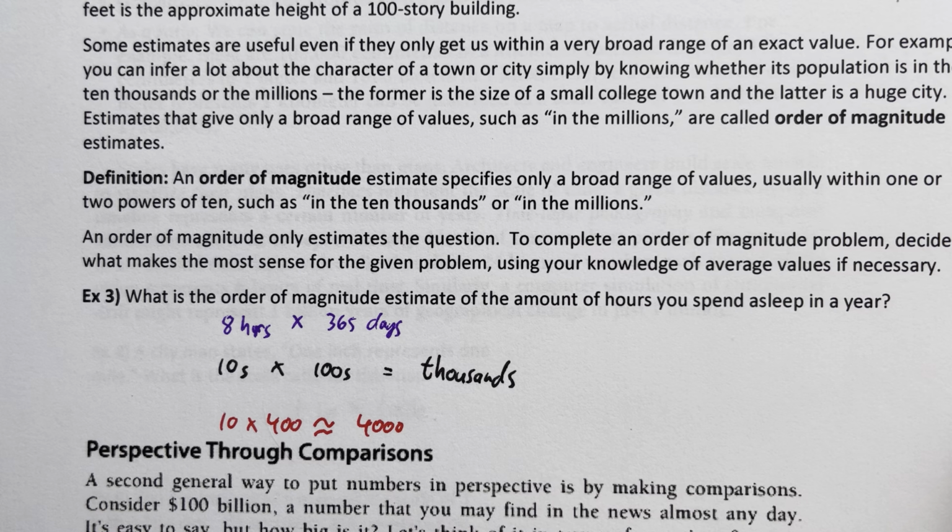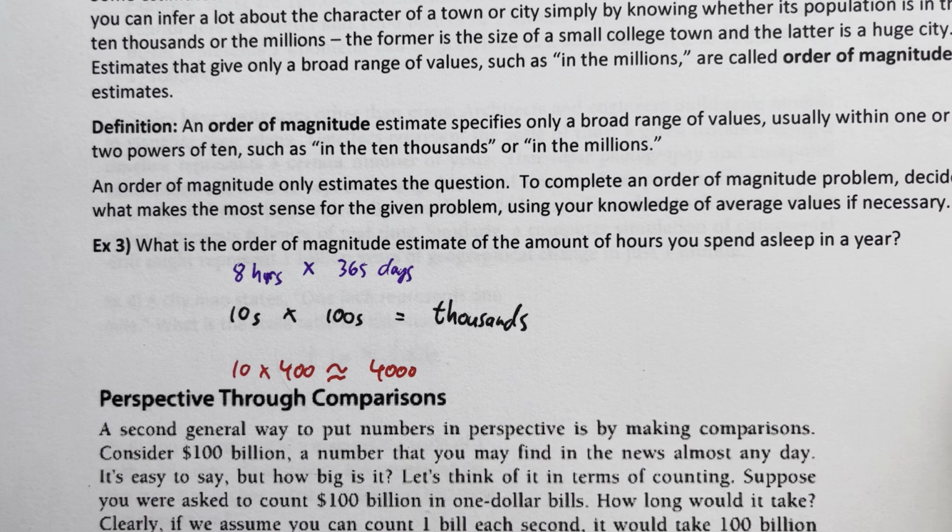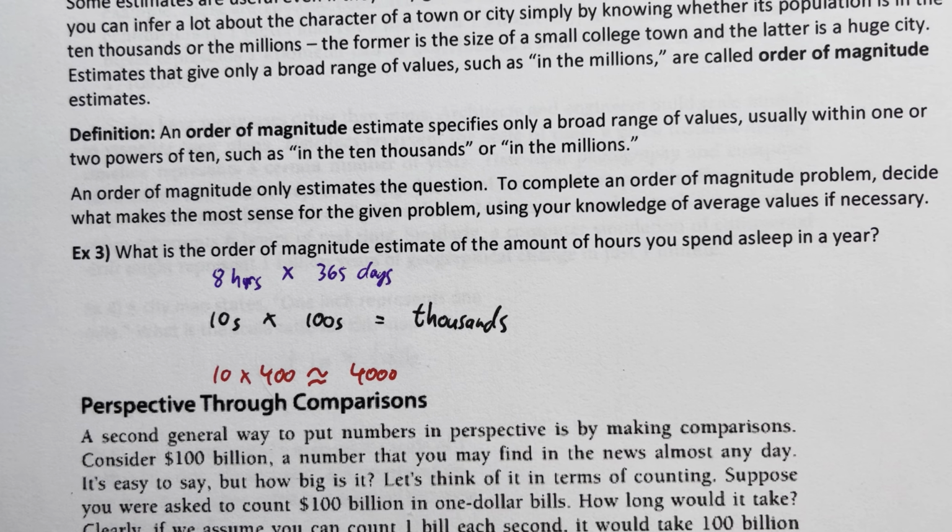So what order of magnitude estimates the number of hours you sleep in a year? If we say you sleep about 8 hours a day, and there are 365 days in the year, well, we could round 8 to 10 and 365 into the hundreds. So you're looking at somewhere in the thousands of hours slept a year.